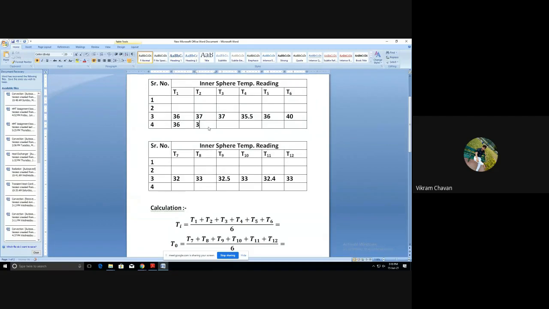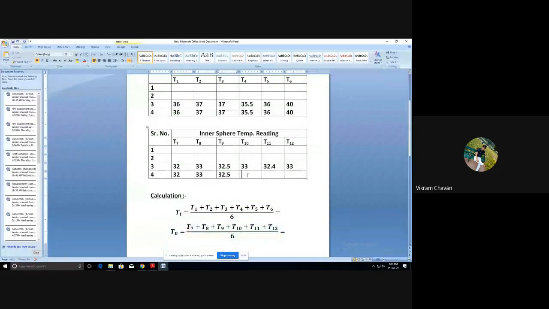Next reading I'm also getting the same as the previous: 37, 35.5, then 36, then 40, 32, 33, 32.5, 33, then 32.4 and 33.